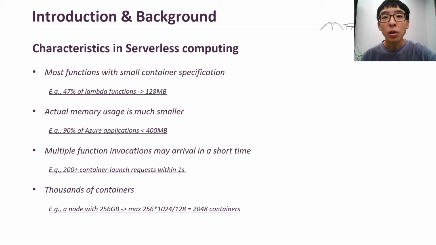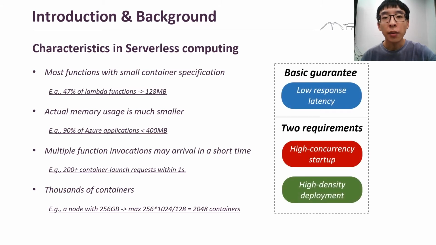A node can host 2048 containers if there is no other overhead. Considering these characteristics, when using secure containers to handle invocations, there is a basic guarantee of low response latency and two requirements of high-concurrency startup and high-density deployment.